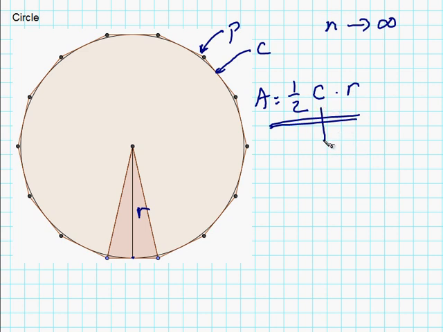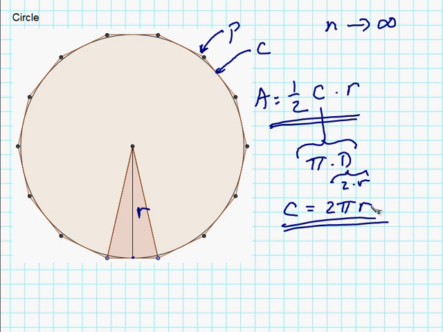Notice that the circumference of a circle is pi times the diameter. That's the definition of pi. It's the ratio of the circumference to the diameter. So pi times the diameter gives us a circumference. But the diameter is just 2 times the radius. And so we can say the circumference is 2 times pi times the radius.